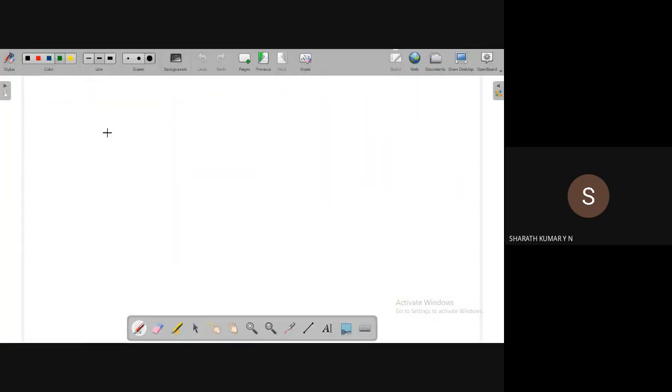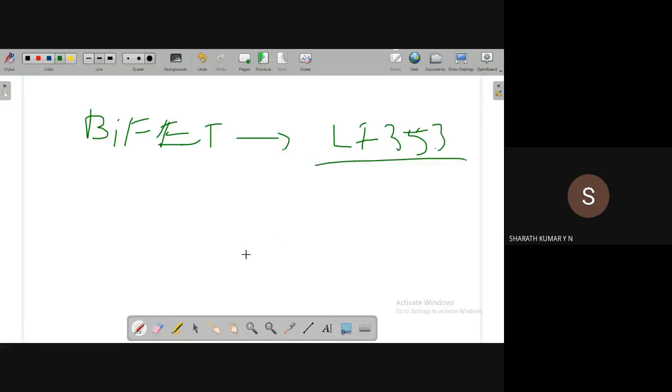The bi-FET based op-amp is usually represented as capital B, small i, FET, bi-FET op-amp. An example type is LM353. This data sheet also I'll share with you. You can see in this data sheet a lot of details are given about this op-amp.